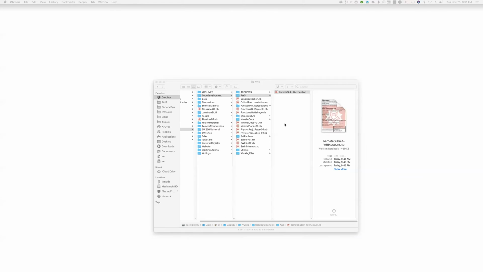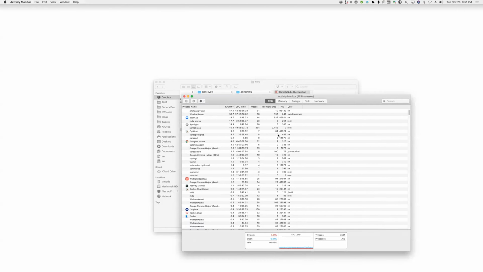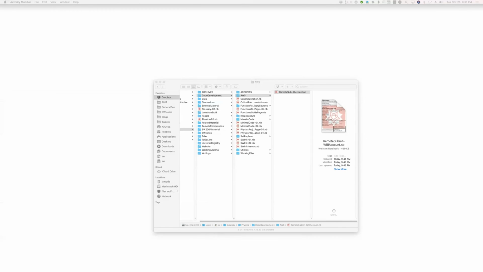Okay, let me just do my. What is that photo analysis ID running on?